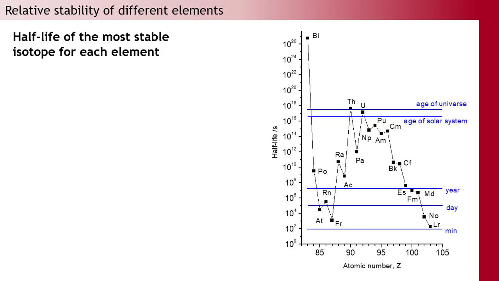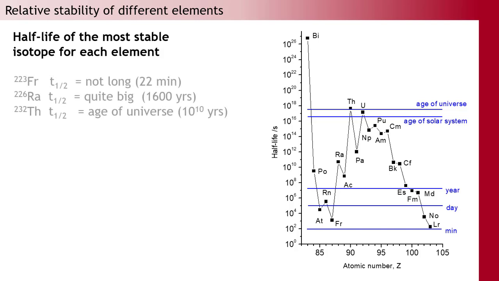What we can see is that from the very stable element bismuth, the stability drops, like a stone, to polonium, whose most stable isotope is polonium-209, with a half-life of just 125 years. Then we have astatine, radon and francium, elements that can only live for between minutes and days.